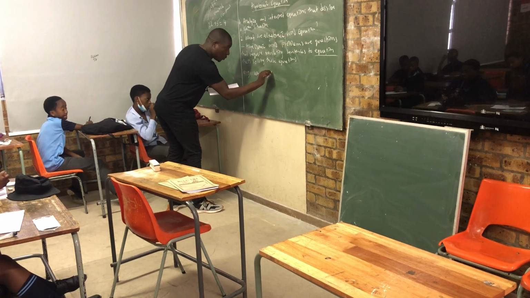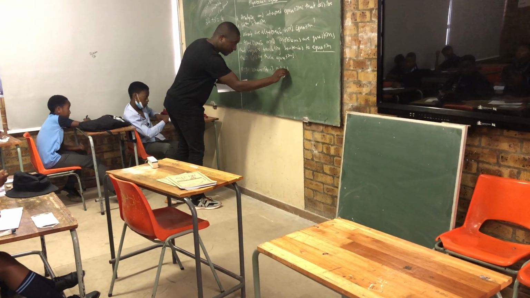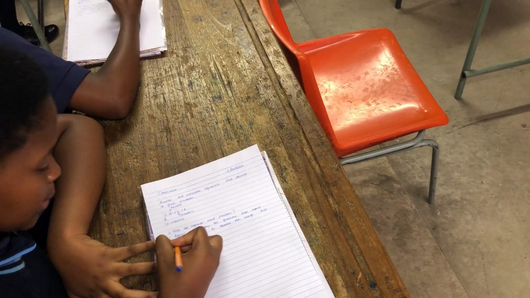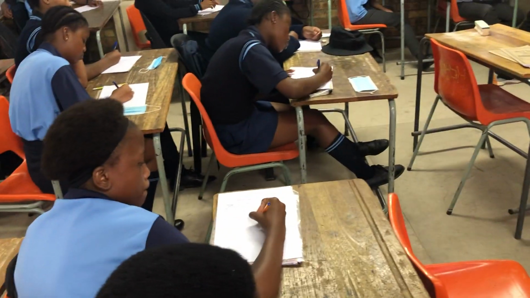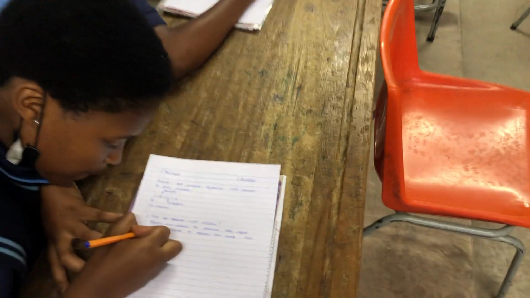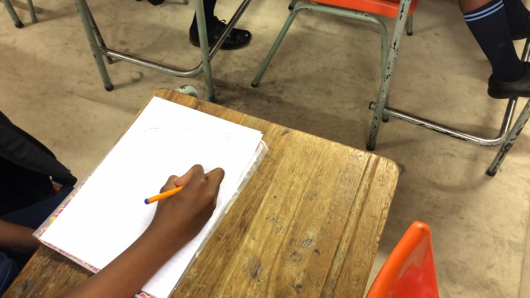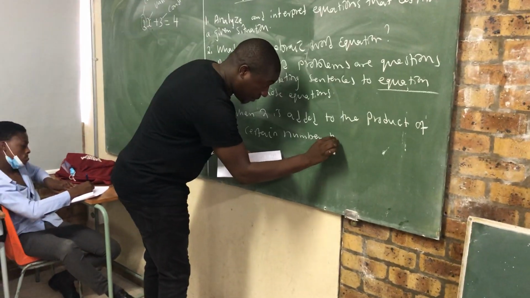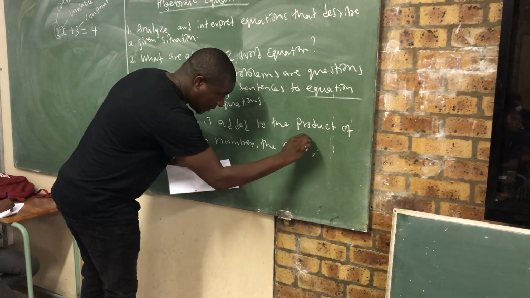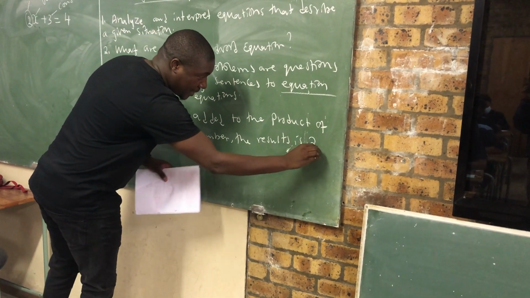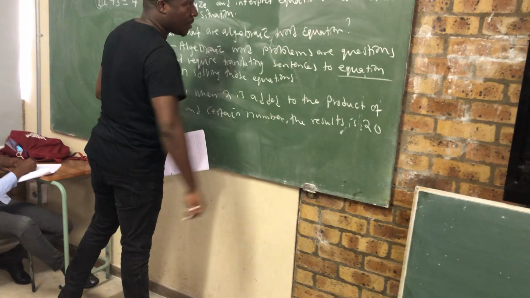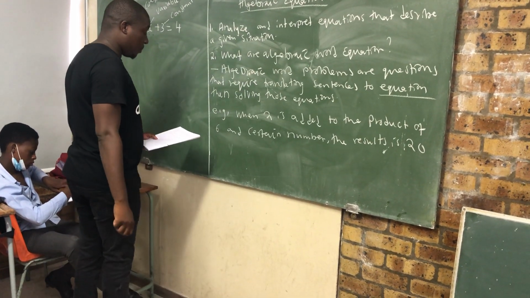When 2 is added to the product of 6 and a certain number, the result is 20.